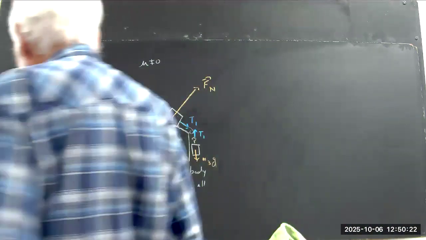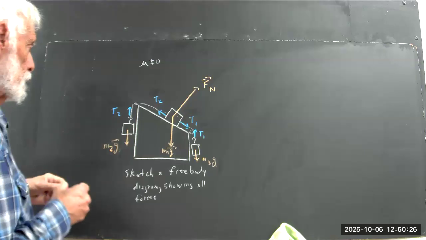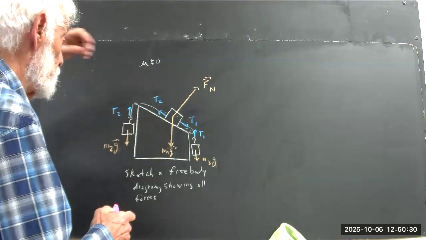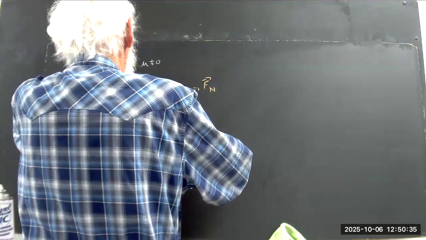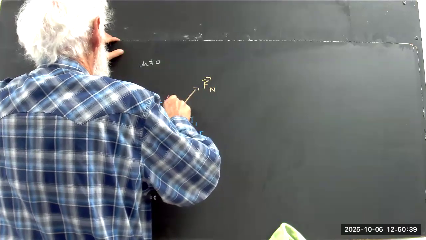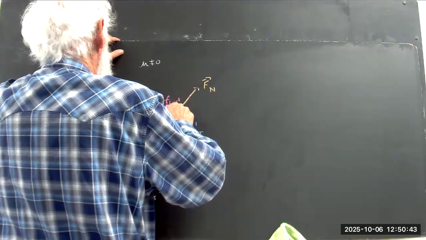Okay, now most people seem to have forgotten this, or at least at first glance, I didn't look at that closely. But mu is not equal to 0, so there's a frictional force. There's a force of friction here.